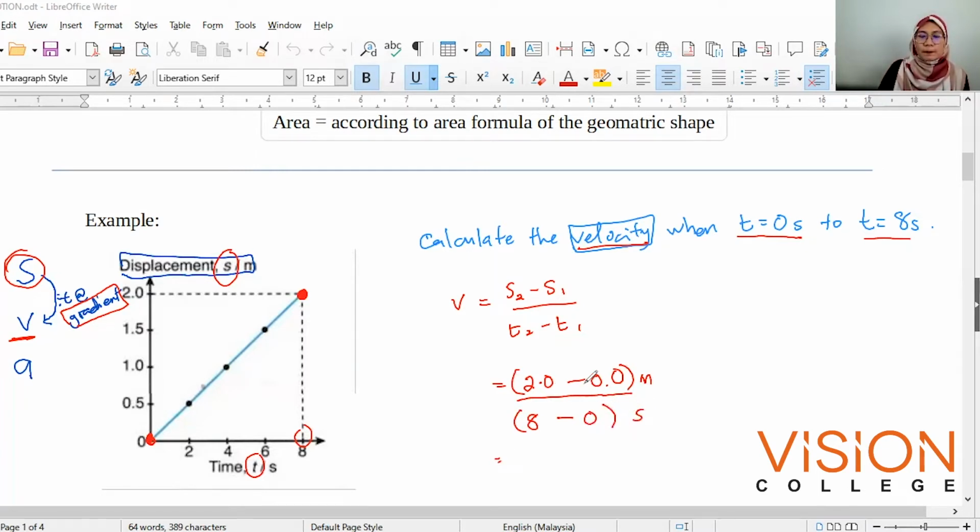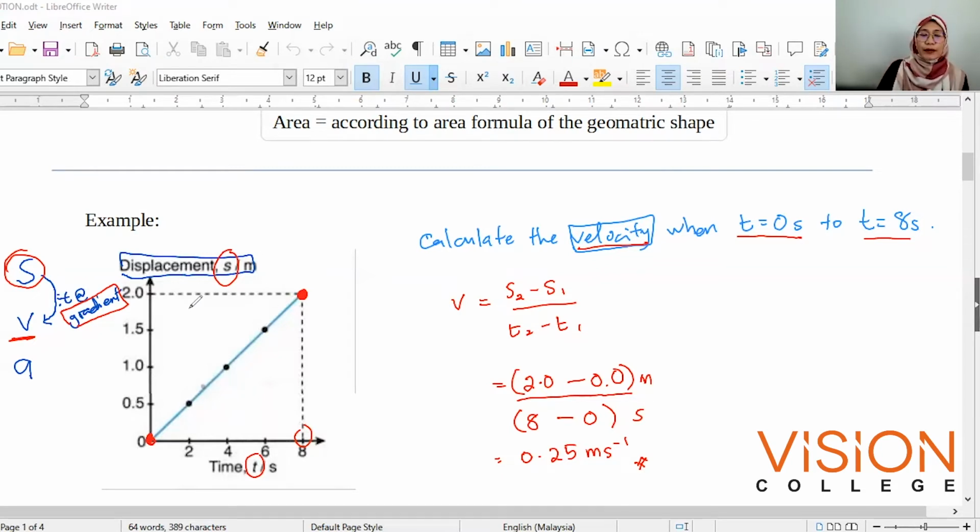So 2 minus 0 is 2, over 8 minus 0 is 8. So 2 divided by 8 is 1 over 4, or 0.25 meter per second. Make sure in physics you do not forget to write down your unit: meter per second. Hence, you can get the velocity of the object that moves according to this graph.